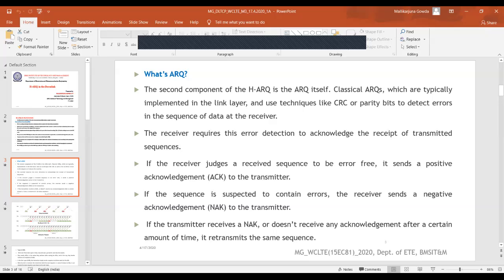It uses techniques like CRC, cyclic redundancy check, or parity bits to detect errors in the sequence of data at the receiver side. So the receiver requires this error detection to acknowledge the receipt of the transmitted sequence.